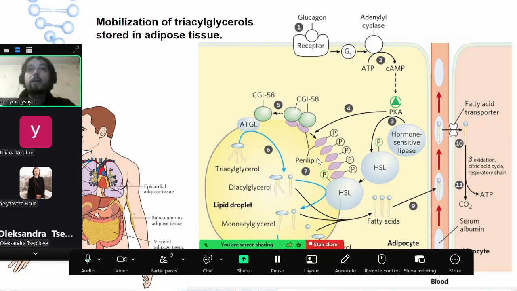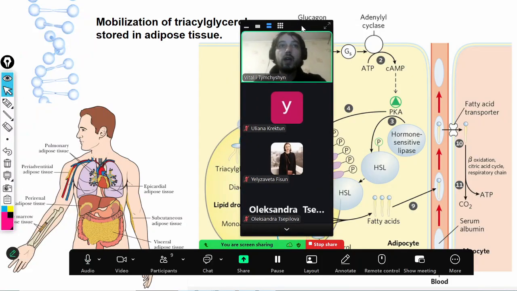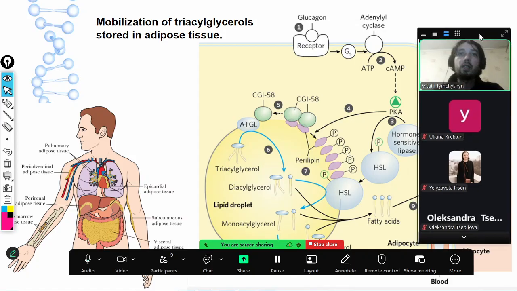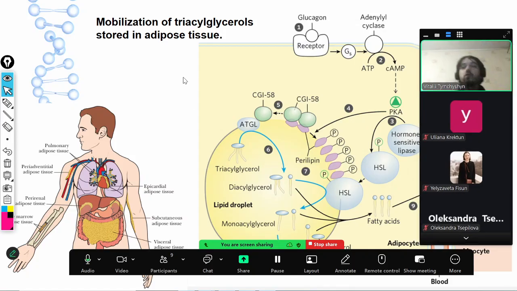Okay, here is an example of the mobilization of the triacylglycerols stored in the adipose tissue. We have taken in all the triacylglycerols, and we may have stored them somewhere.